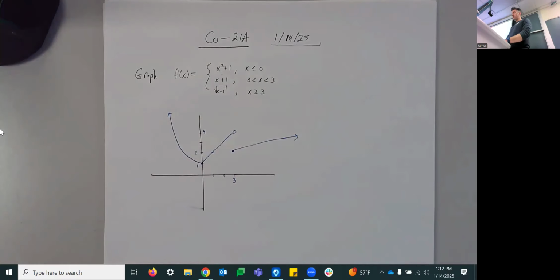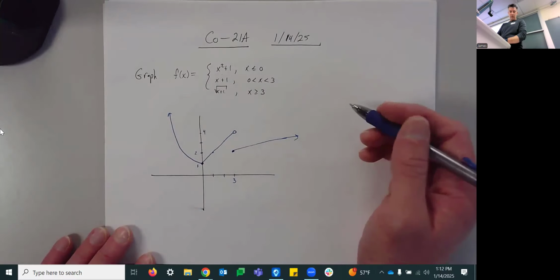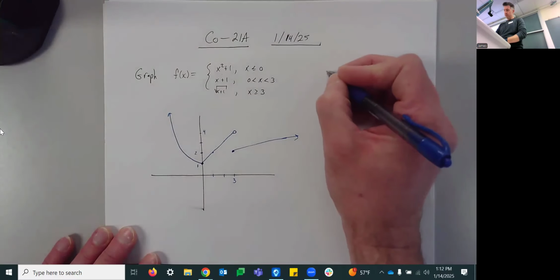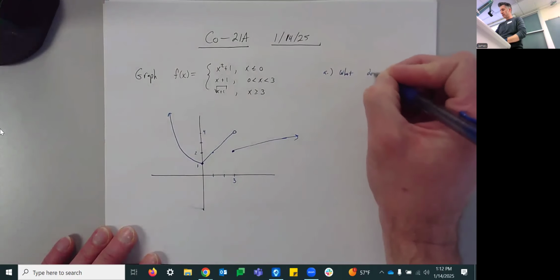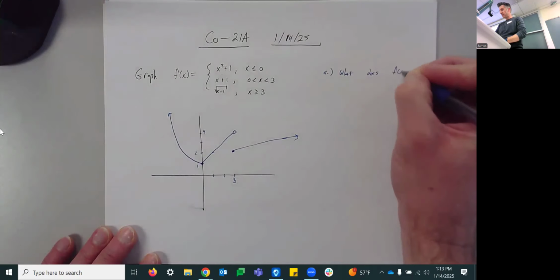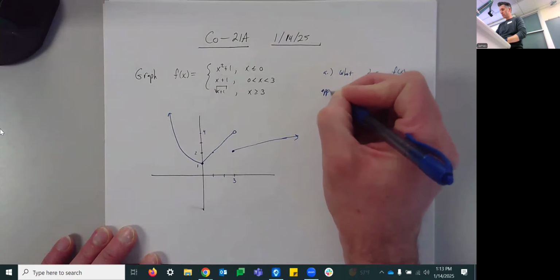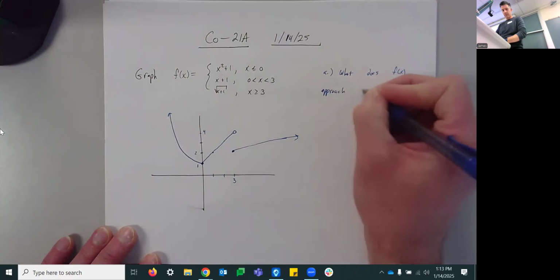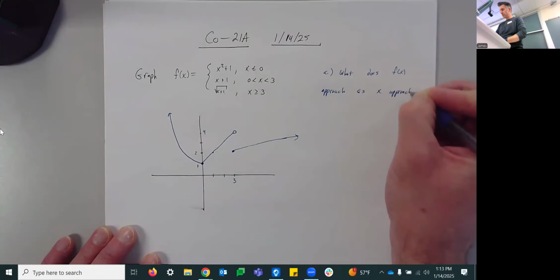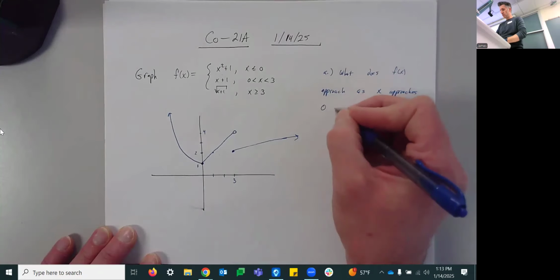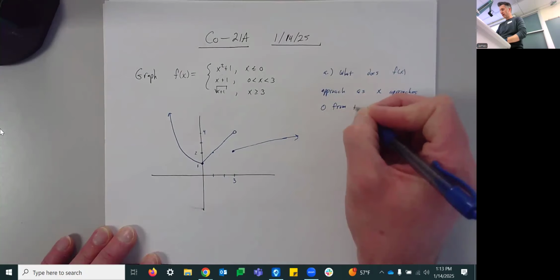And so the questions I really want to explore here are what's happening at 1 and what's happening at 3. So I might ask a question like, what does f of x approach as x approaches 0 from the left side?